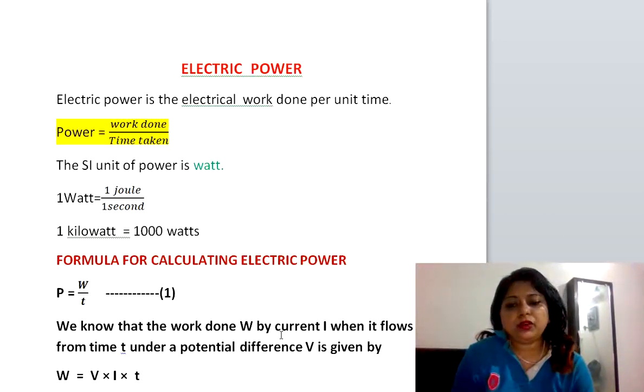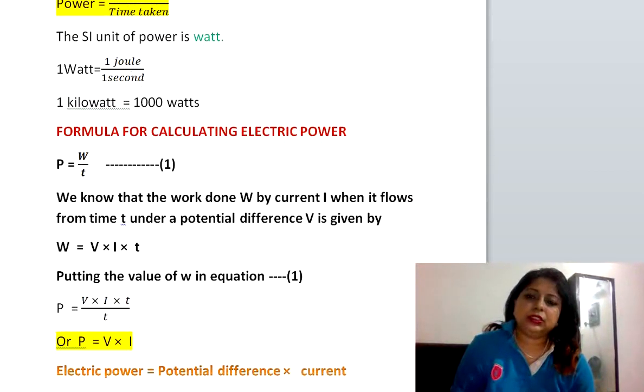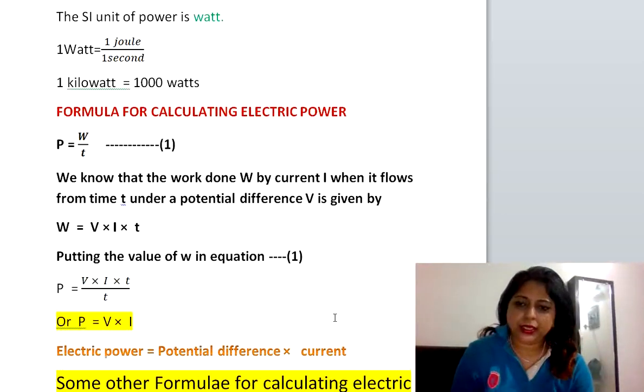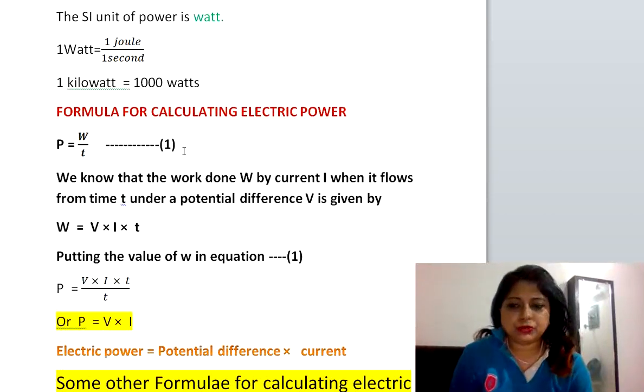Now the formula for calculating electric power. I just explained what is power. Power equal to W upon T. So I have taken it as equation 1.